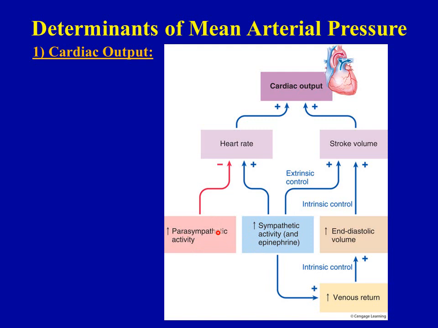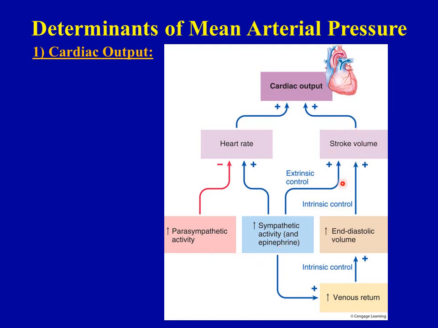We know very well that the parasympathetic activity will reduce the heart rate, while the sympathetic activity plus epinephrine from the adrenal medulla increase the heart rate. So if we have an increase in the heart rate, this will increase the cardiac output, which in turn will increase the mean arterial pressure, and the opposite will happen if we have an increased parasympathetic activity.